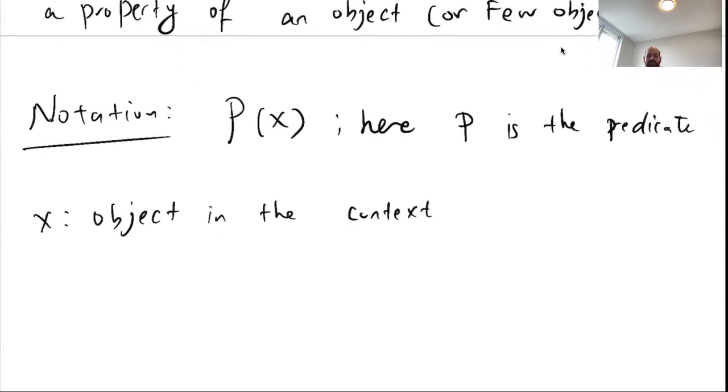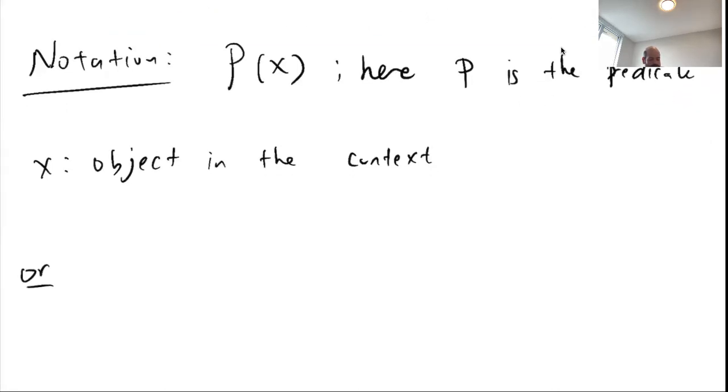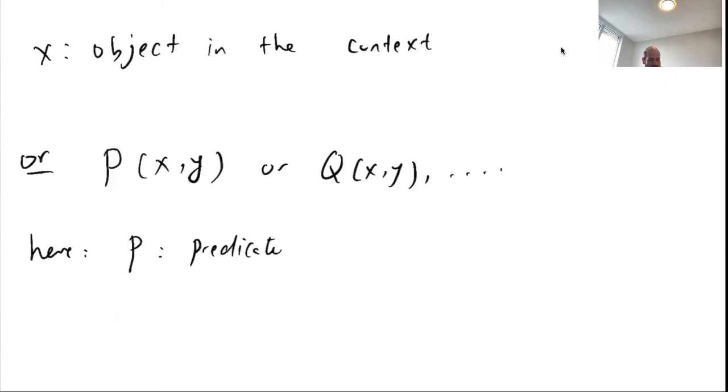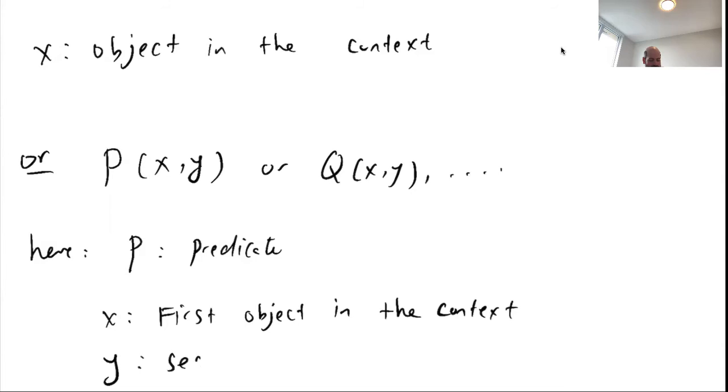Or let's say if it's about a property of two objects or two numbers or two people, we could have, let's say, P of X and Y or Q of X and Y. So here, again, P would be the predicate, X would be, for example, the first object in the context, Y would be the second object in the context, and so on.